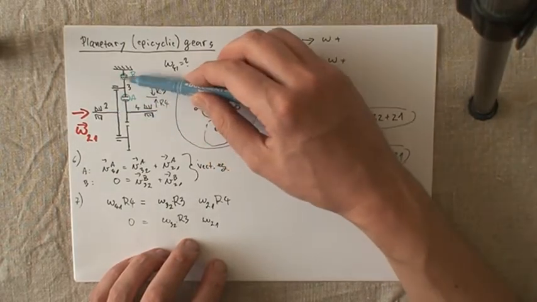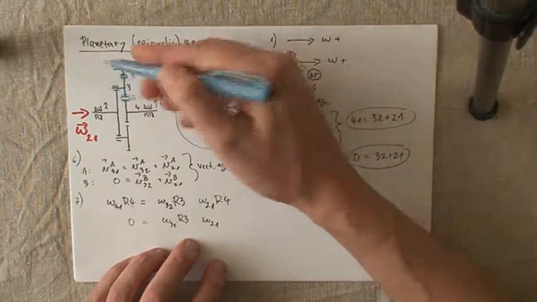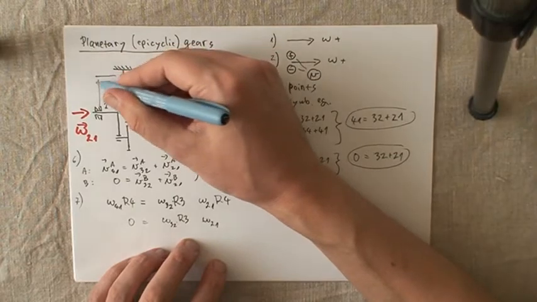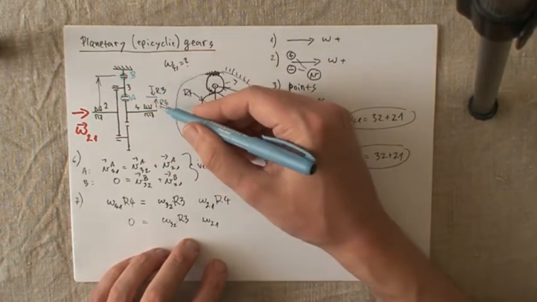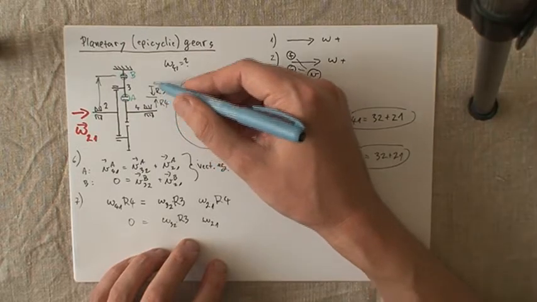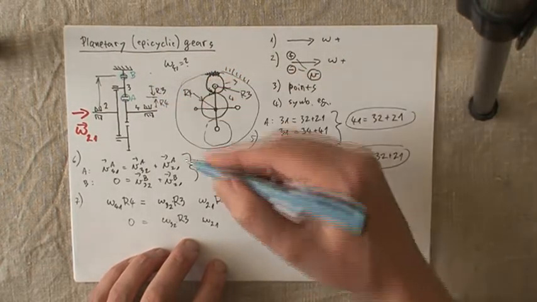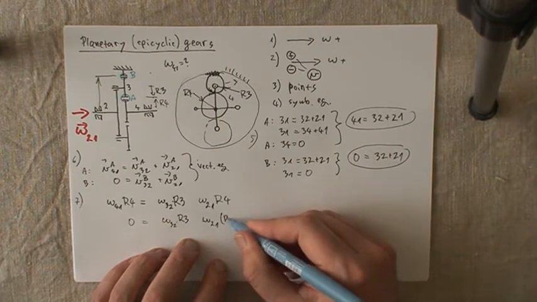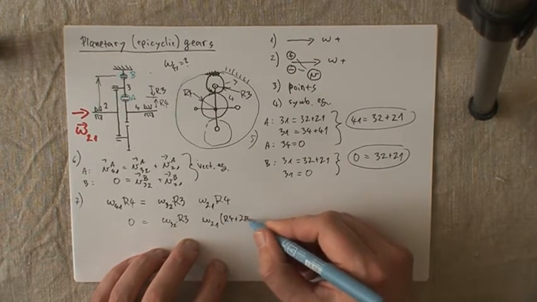This is the axis, and here is the point. So it's all the way from the axis to the point, which is R4 plus R3 plus R3, right? Yep. So that would be R4 plus 2R3.